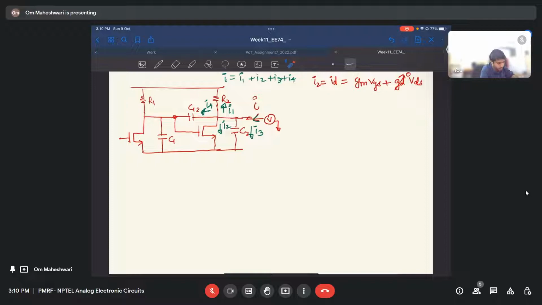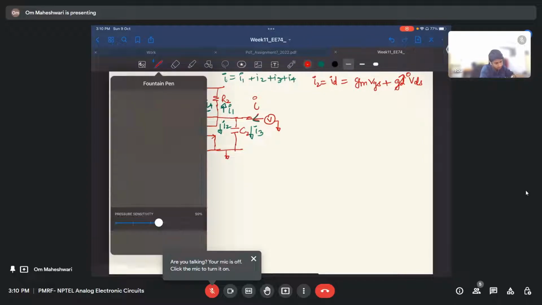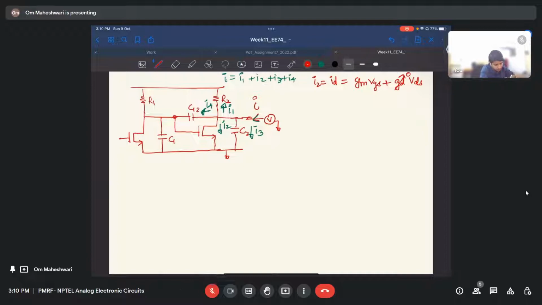Now, what is VGS? VGS is the voltage at this node minus ground, right? The source is grounded, and the gate voltage here is VG. If the voltage here is V, then what will be the voltage VG here? We need to find that by a voltage divider circuit.